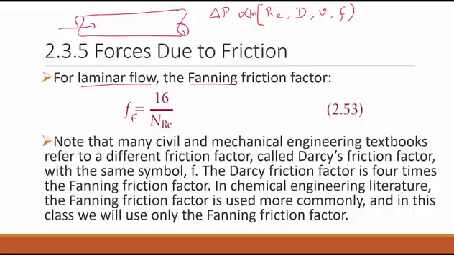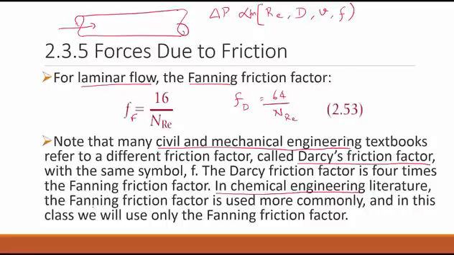In civil and mechanical engineering, typically we use Darcy's friction factor, which is f D, which is 64 by Reynolds number. So you need to clearly think through which one is used here. In chemical engineering and food science and food engineering literature, the Fanning friction factor is used, and that's what will be used in this textbook.